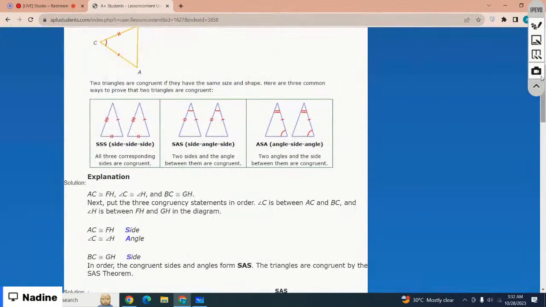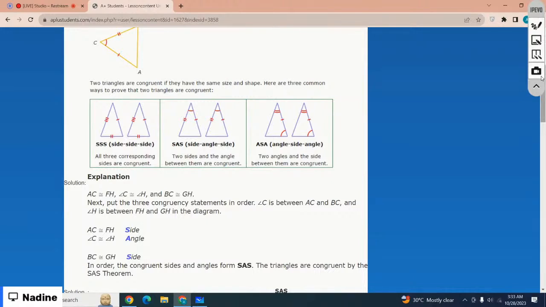If two sides and the angle between them are congruent, that would be side angle side. But the angle must be between the congruent sides in the side angle side case, right?